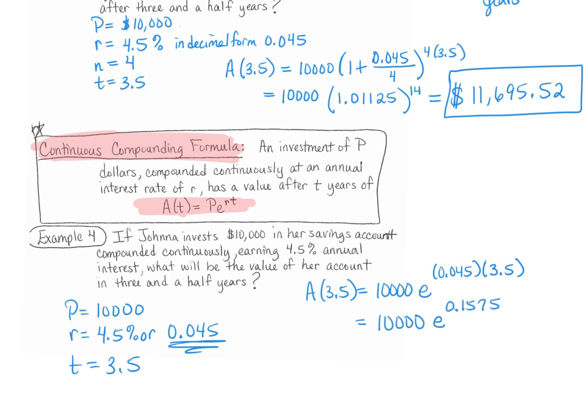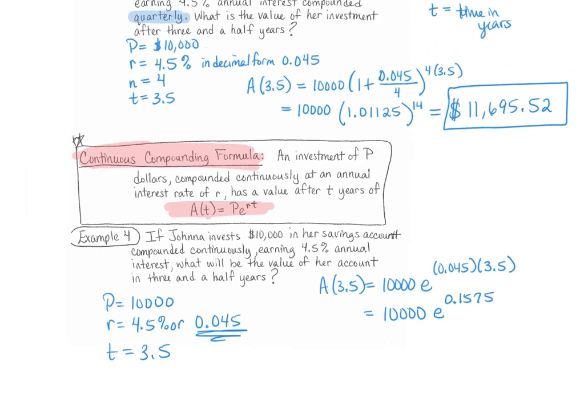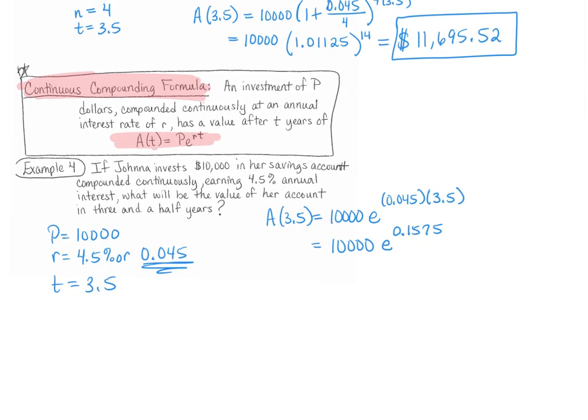Now you should be able to enter this into your calculators. You get 10,000 times E raised to this. Remember that we're talking about money. So go ahead and find out what her investment was after 3.5 years if she compounded continuously.